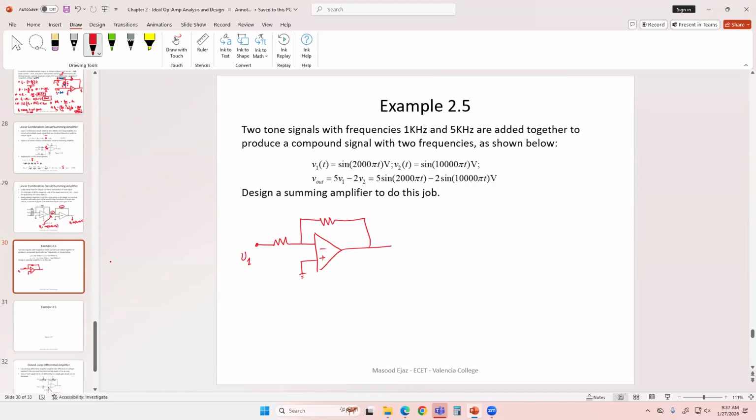I want a gain of 5. To get a gain of 5, you can choose, let's say, 10K and 2K. So my RF1 is 10K and my R1 is, let's say, 2K. That gives me the output V out1 to be equal to what? Negative 5V1.